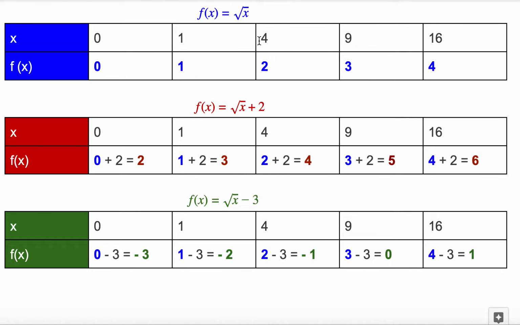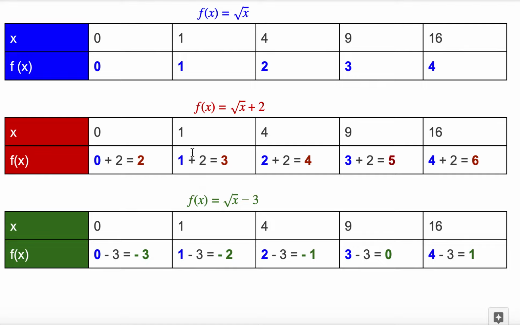In the x-axis, all the points are the same, and we see here are the same points, and in the green function they are the same. But because here is plus 2, every point in the y-coordinate is changed by 2 units. For example, here is 0, and here is plus 2. 0 plus 2 is 2.